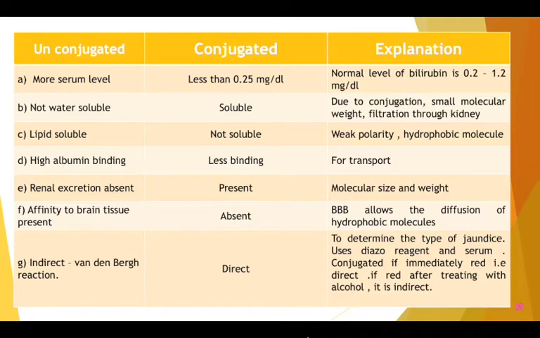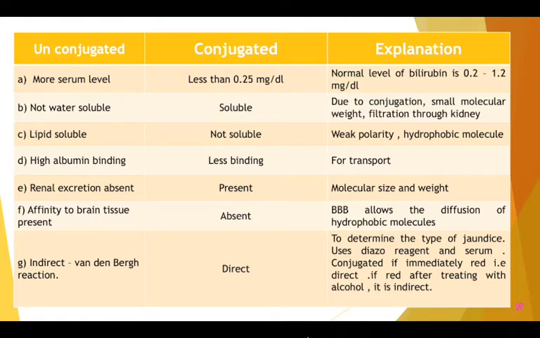Conjugated cannot, because it is lipid insoluble. So unconjugated can easily reach the brain. It has greater affinity for brain tissue, and conjugated bilirubin cannot reach the brain.